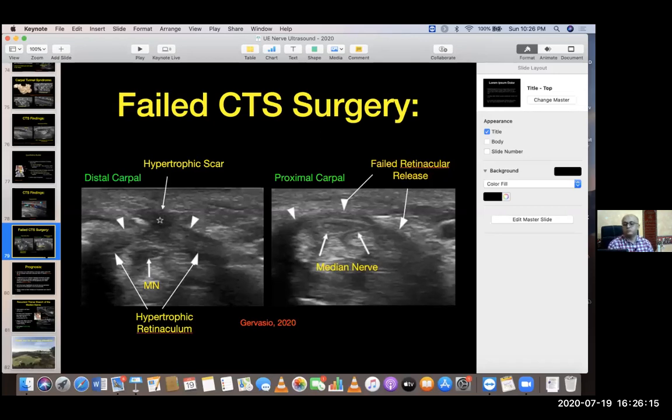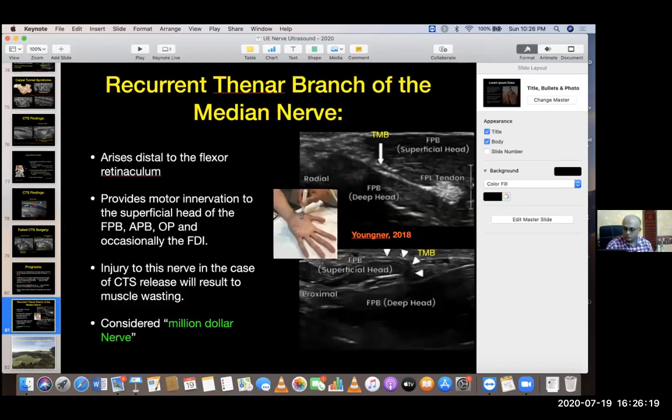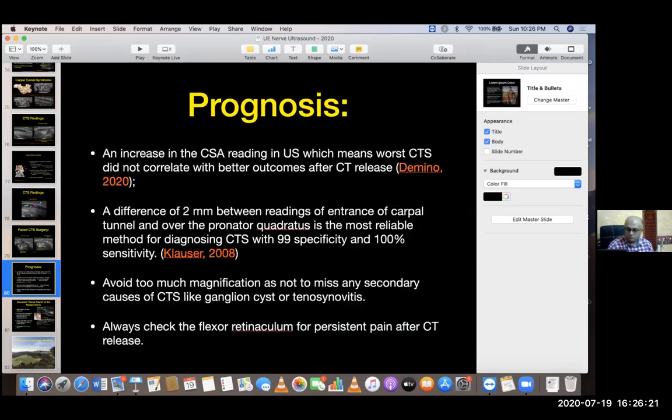And as mentioned in the study here, a bigger cross-sectional area doesn't always give very dramatic results after a treatment, in this case referring to carpal tunnel release. So actually I was expecting, if you have a very big cross-sectional area, it's very swollen, then after the release you will have a very good outcome.